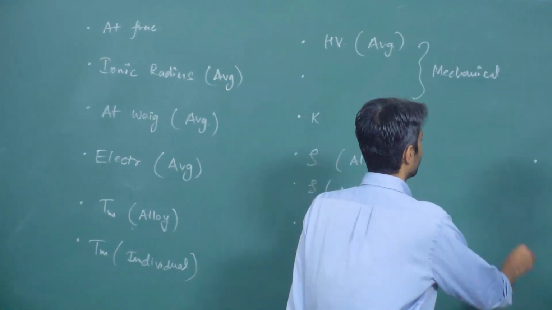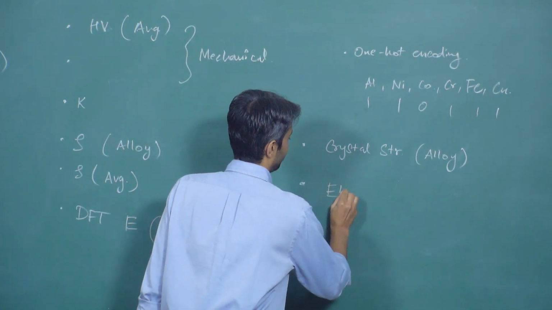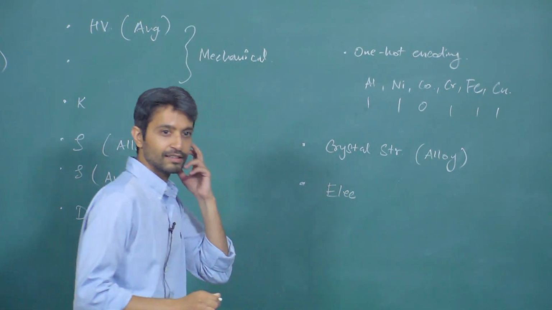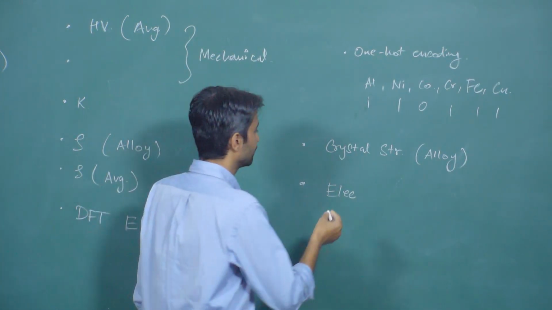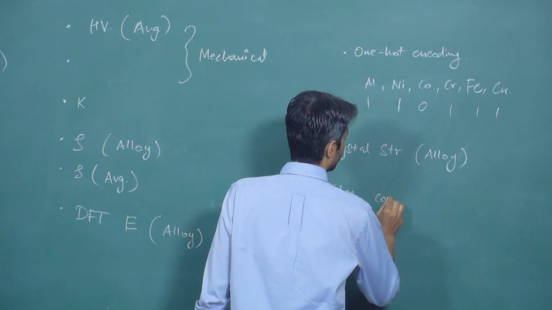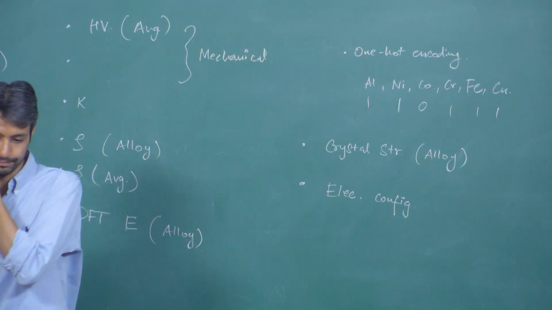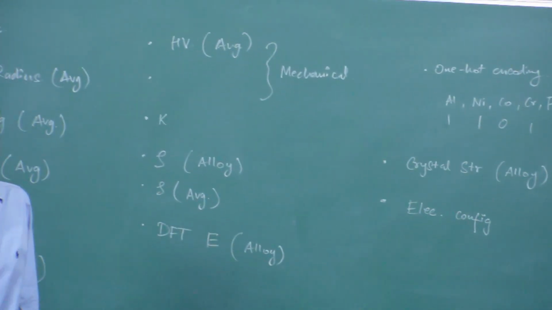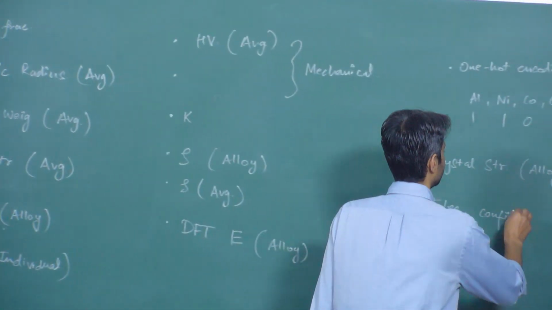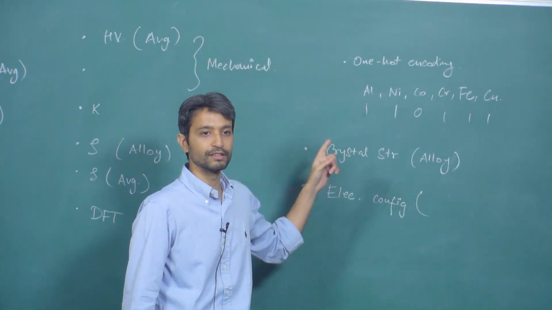Very good. Electronic configuration, why do you say this? For individual elements, the valence electrons will be different. Say the d electrons, especially 3d, d electron configuration is very important. Now this electronic configuration, do you want it at the alloy level or the individual element level? You can also look at the electronic configuration of the alloy through DFT and so on.